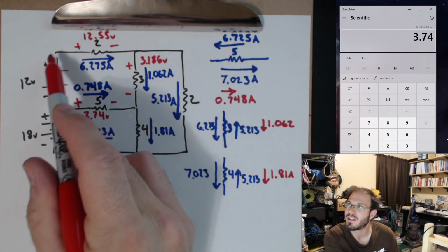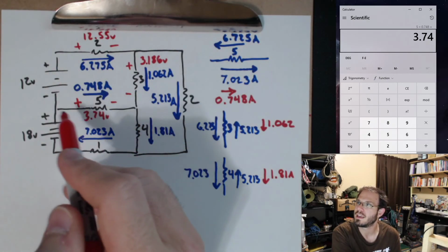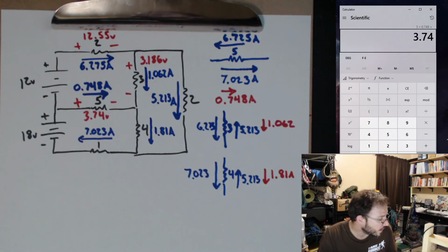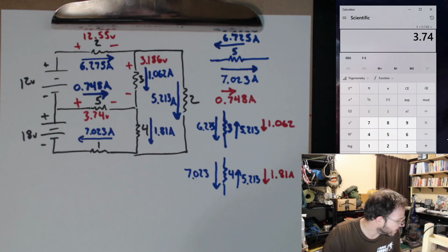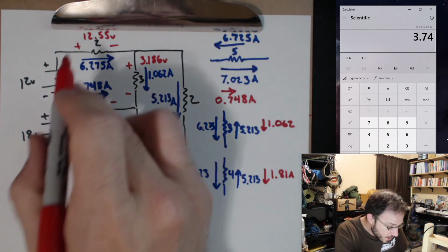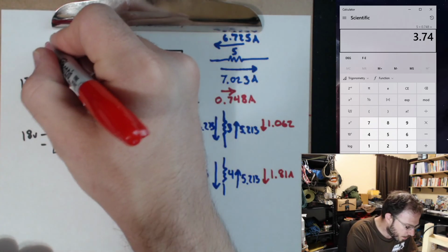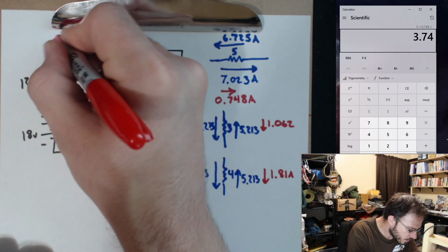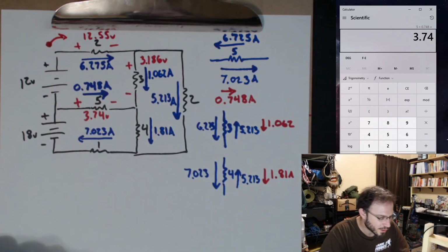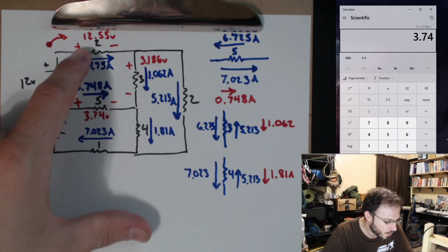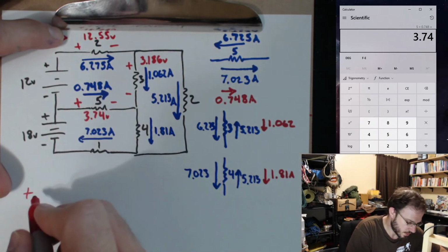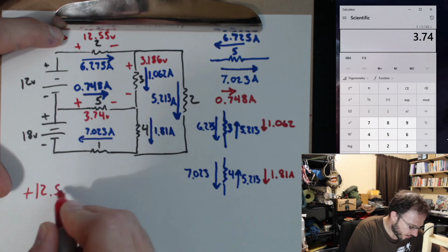Okay, now let's follow this loop and see if this works out. I really hope it does, otherwise I'm going to be in trouble. I'm going to start at this point and go all the way till I get back around to that. Here's one enclosed loop, so KVL should hold true. So I will do plus 12.55.